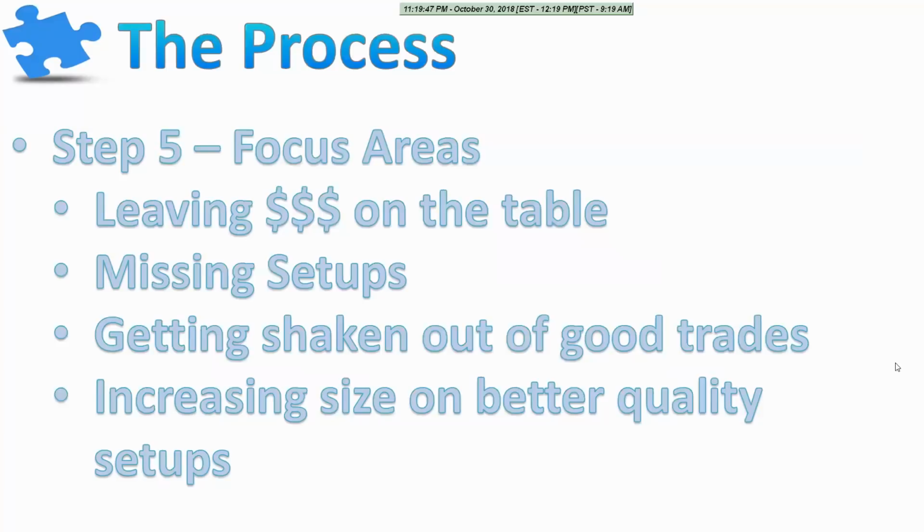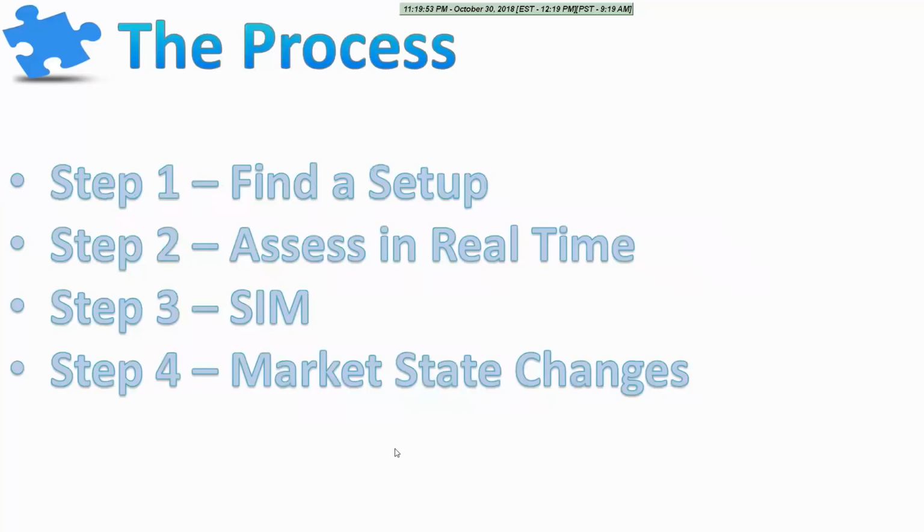Now, what I can tell you is if you get to this step, if we go back to the 4 steps, and I've talked to all of the people that I've taken through this process. So finding a setup, assessing it in real time, going through it on simulator, handling the market state changes. By the time you've got to that point, you're ahead of about 95% of anybody who's ever attempted to trade.